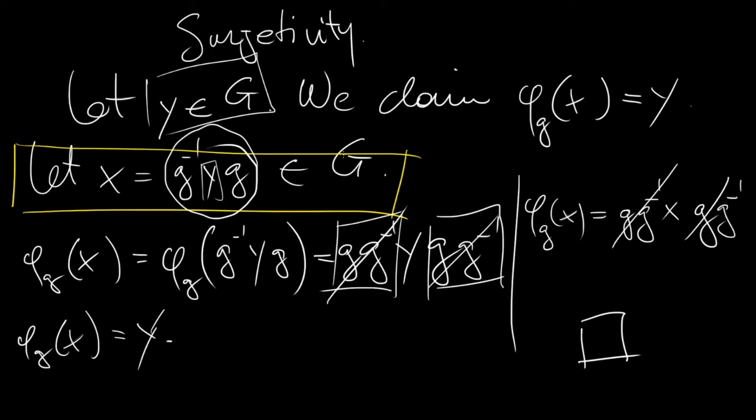This is the most important part: to find an element that, with manipulations, you get to your element y, but also you need to be sure that the element is really an element of the domain. And we showed that when x is in this form, little phi of g of x is actually y, and we proved also surjectivity.